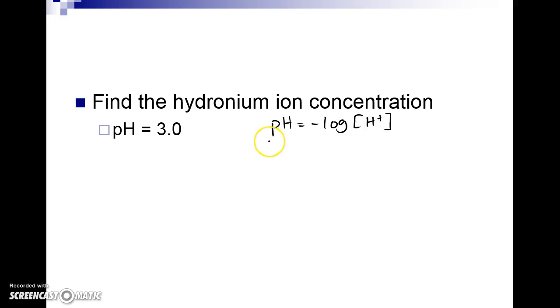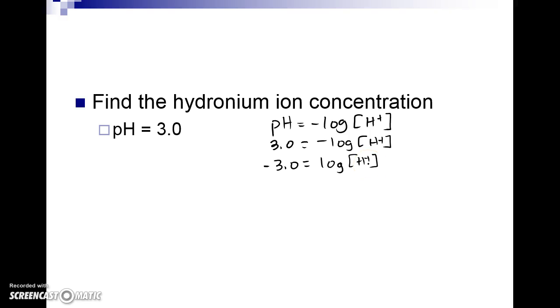Only this time I'm going to fill in 3.0 is equal to the negative log of H plus. And I'm really working through every last detail here so you can see how it works. I'm going to bring my negative to the other side. Negative 3.0 is equal to the log of H plus.